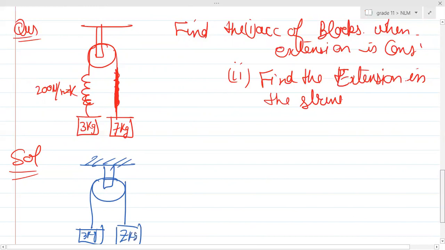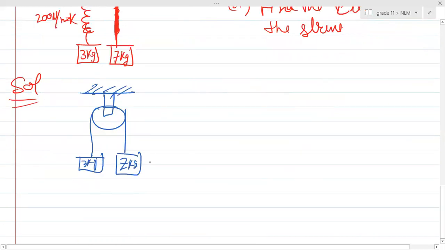So now tell me which will go down and which will go up. This will go down, this will go up. There is tension T acting. So this is also T, this is also T, and later on you will write this T as Kx naught. Is this clear?